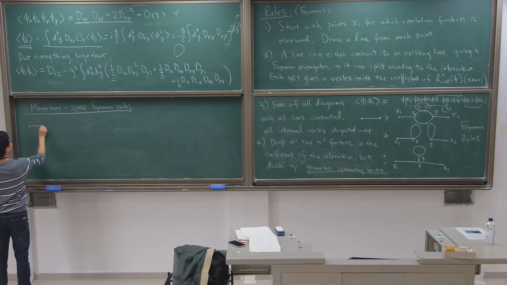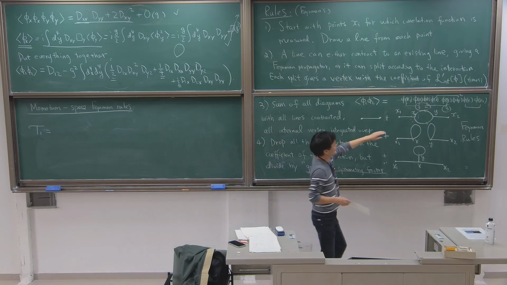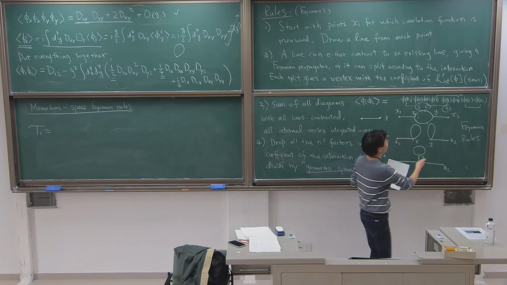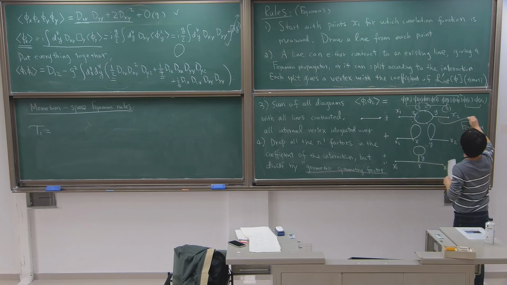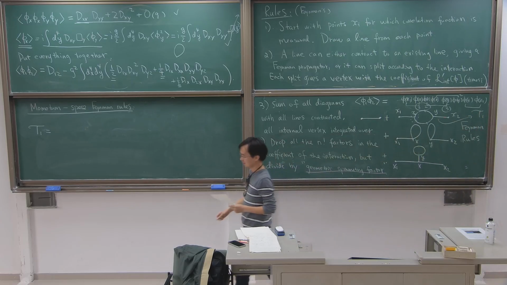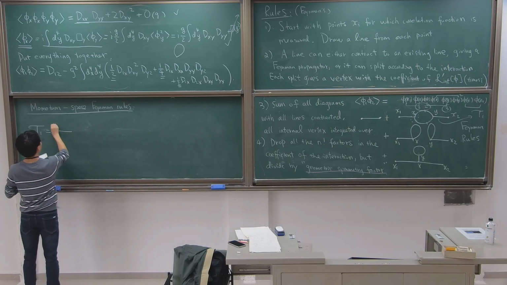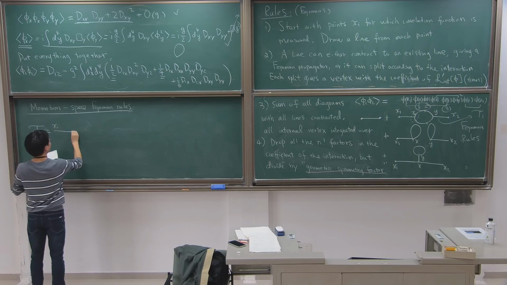For instance, let's denote T1 as the second diagram here. This diagram is labeled as T1. T1 is equal to this diagram, which is x1. Let me draw it again.